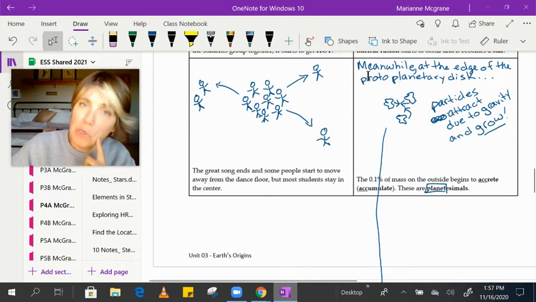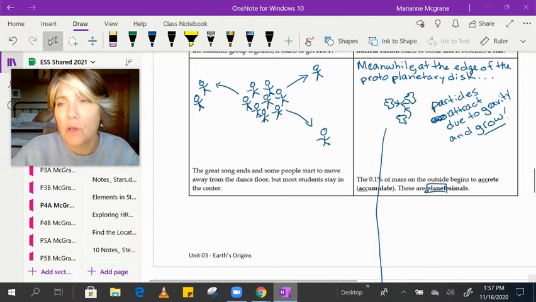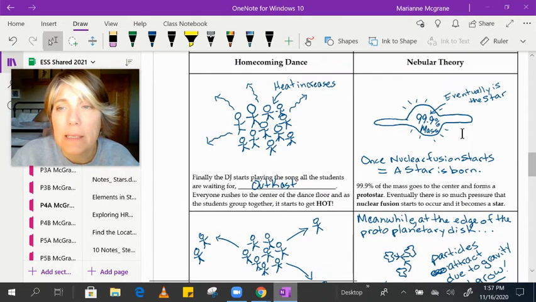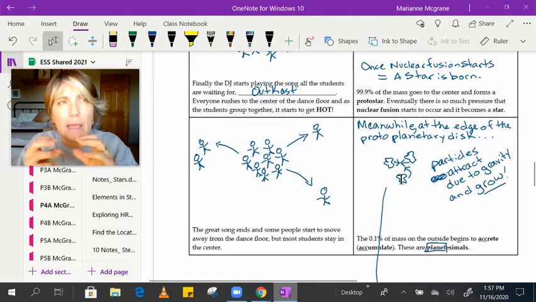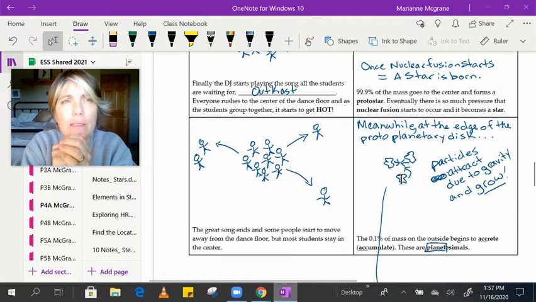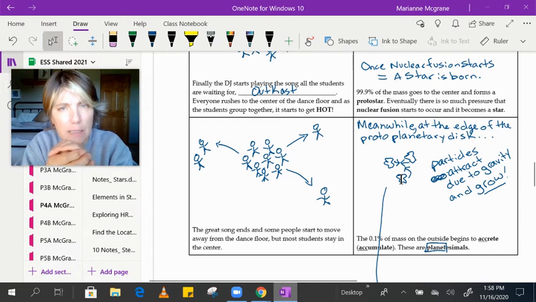Over here it says, meanwhile, at the edge of the protoplanetary disk, which, to remind you, is this area out here, you have bits of material that begin to accumulate. They crash into each other, and then some of it spins off and flies away, but the bulk of it stays together.